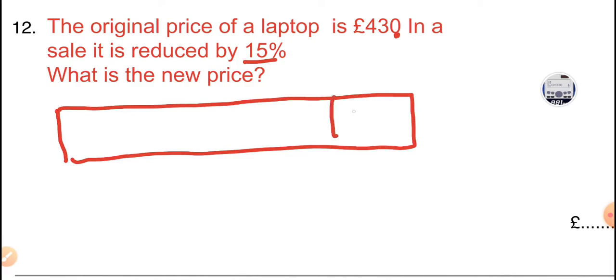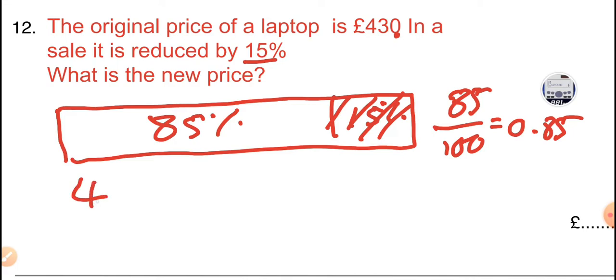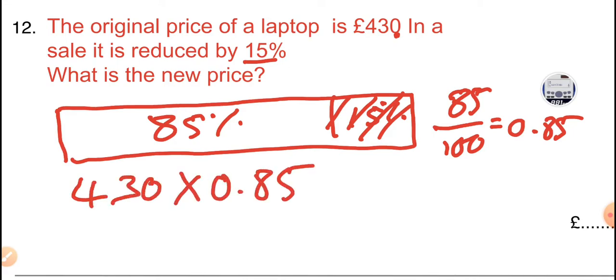But it reduced by 15%. So the amount we've got left is 85%. So 85% as a decimal multiplier, remember, is 85 divided by 100, which is 0.85. So on our calculator, we have to do 430 times 0.85.